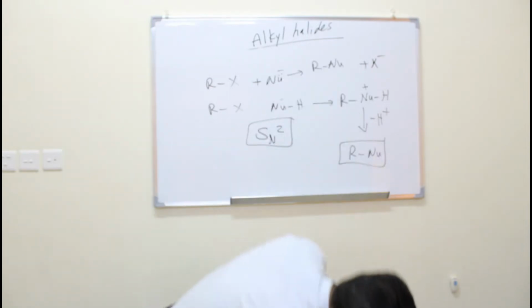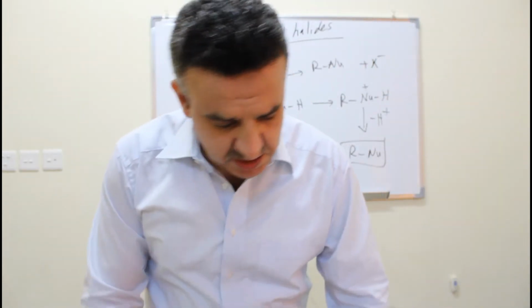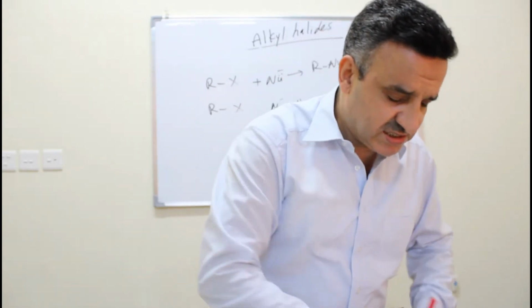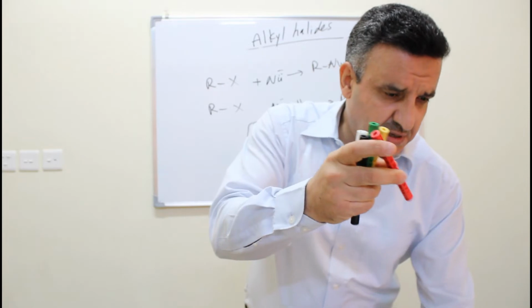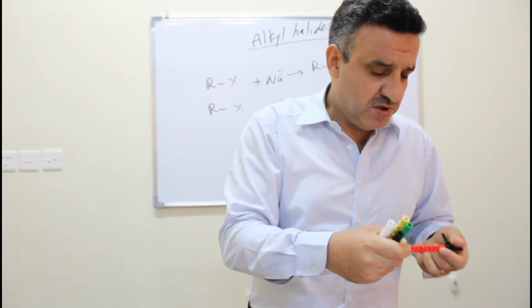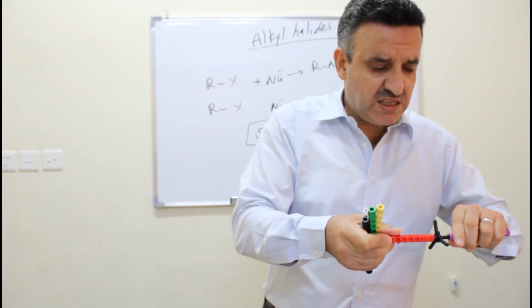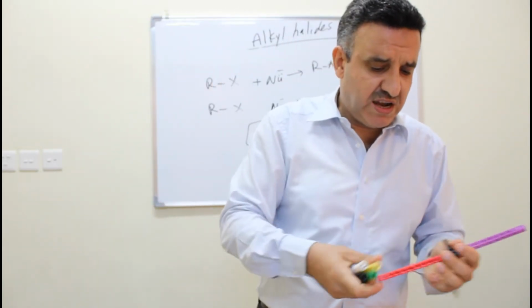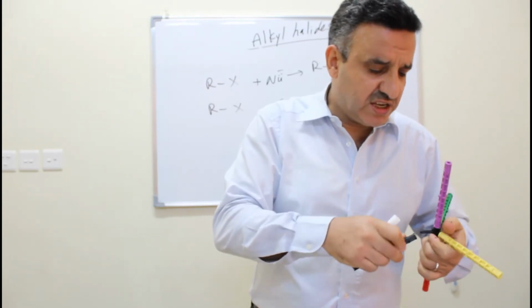In the transition state, you can simply think of it like this. Remember, the halogen is the red color. So this red color will be at 180 degrees with the nucleophile, and the other 3 atoms will be like this.